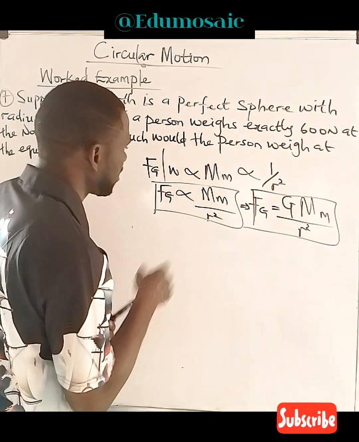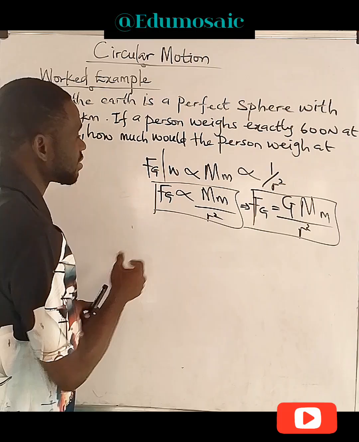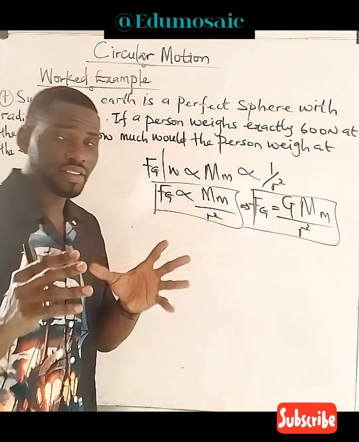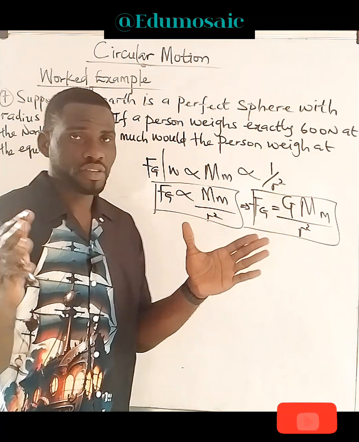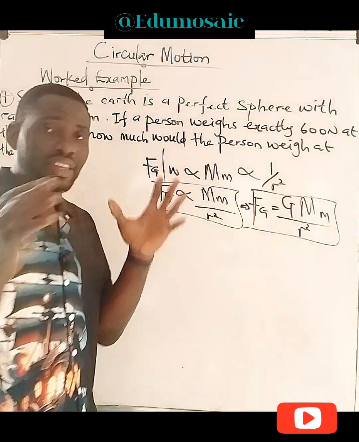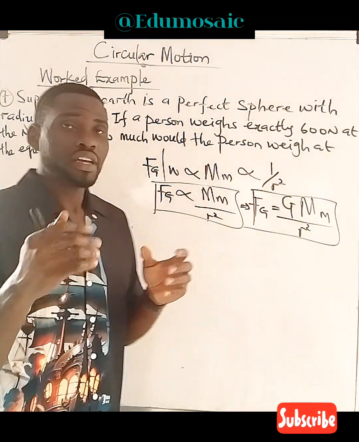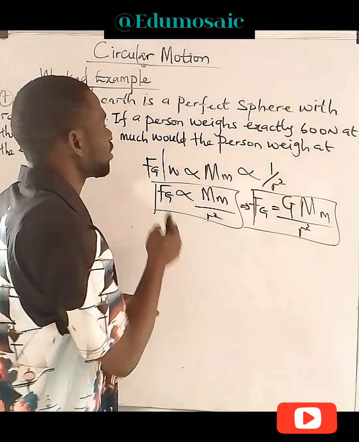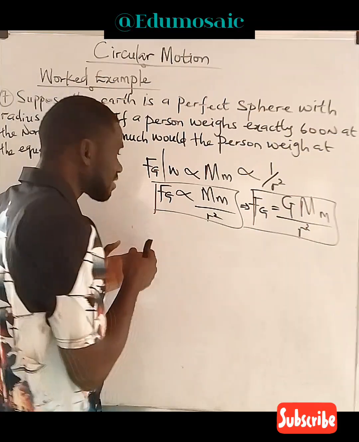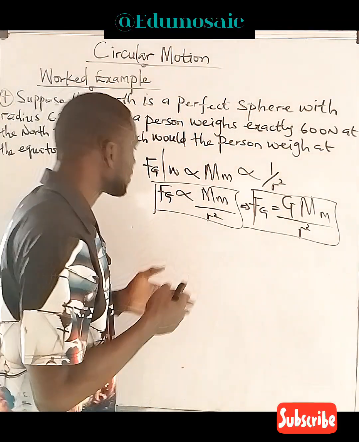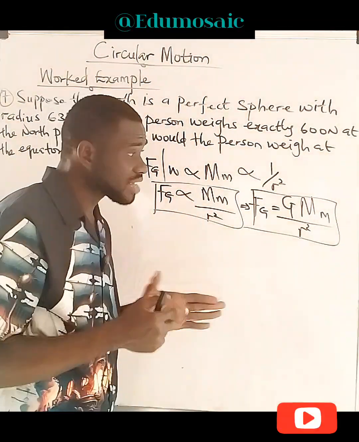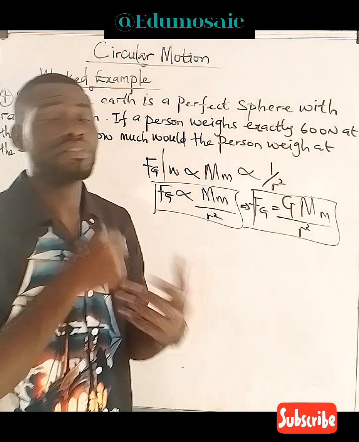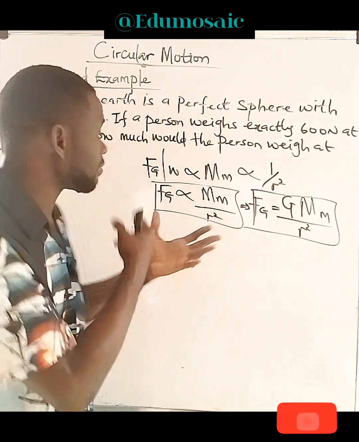According to Newton, when we have two bodies with different masses at a given distance, since the force of gravity is inversely proportional to the square of their distance, the more the distance, the lesser the force of gravity, while the lesser the distance, the more the force of gravity. We're going to do an in-depth study on this when it's time to work on gravitational field.